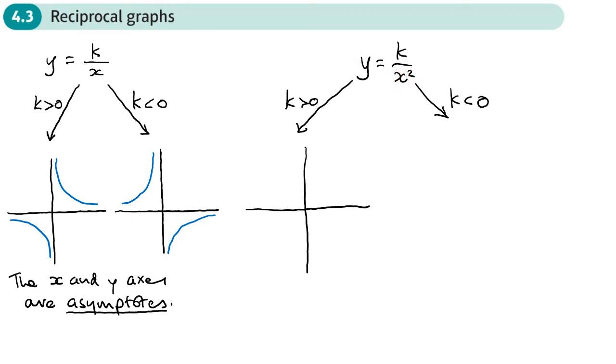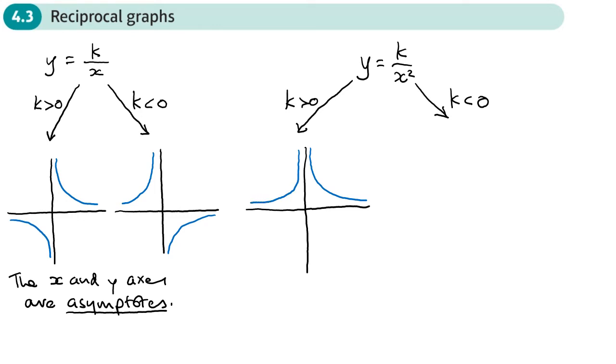So just remember that even if x is negative, y is also always going to be positive. So the part of the reciprocal graph that was down here at the bottom gets flipped up, because these negative x values are going to produce positive y values. So it's going to look like this.